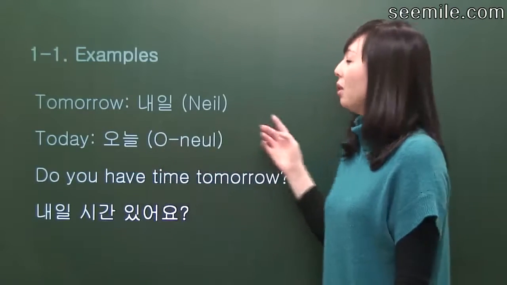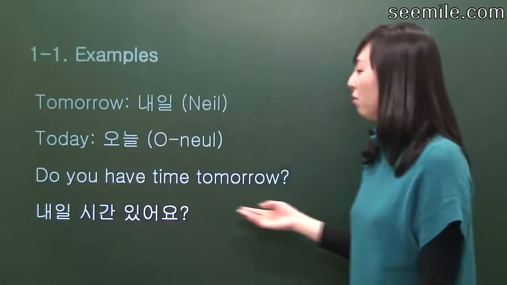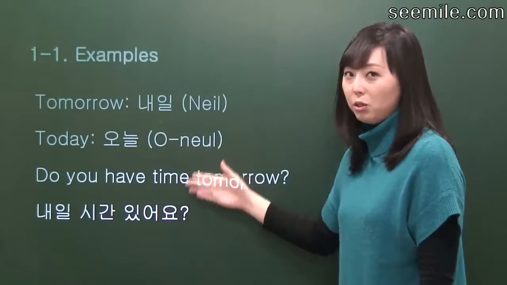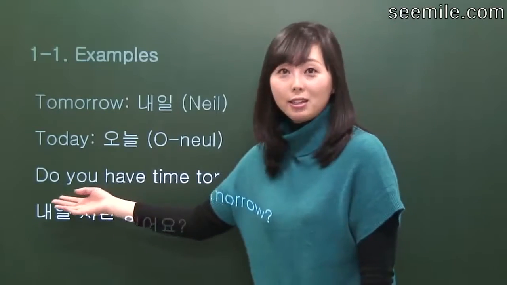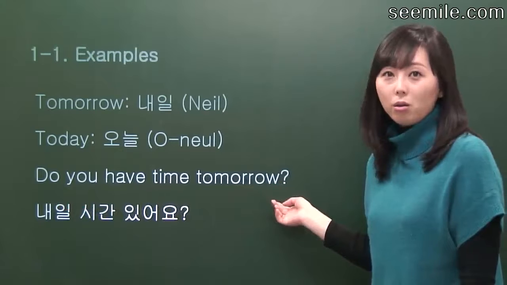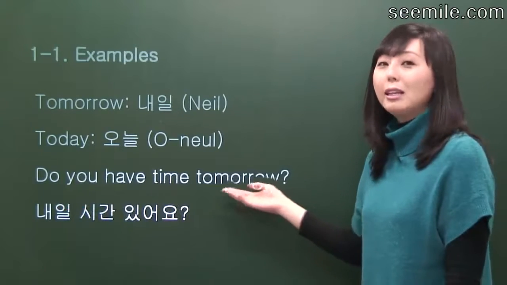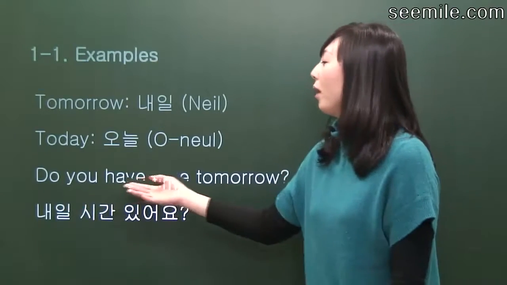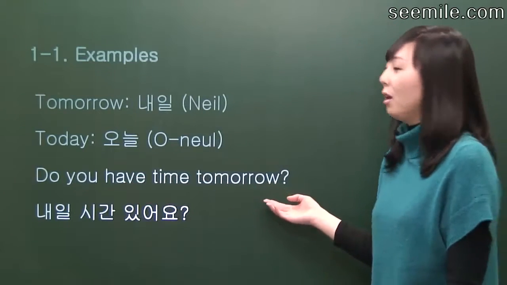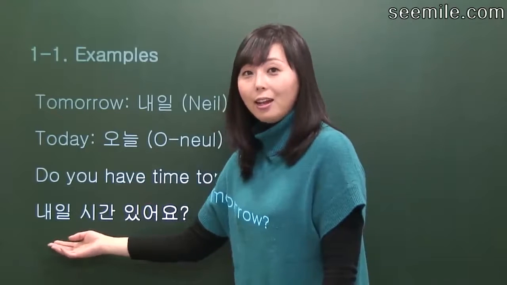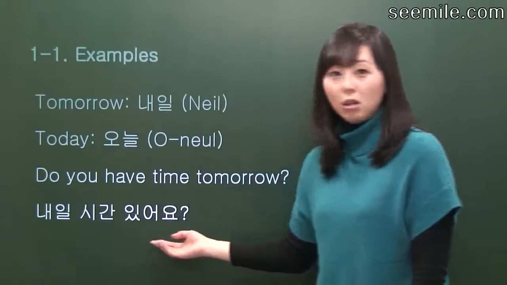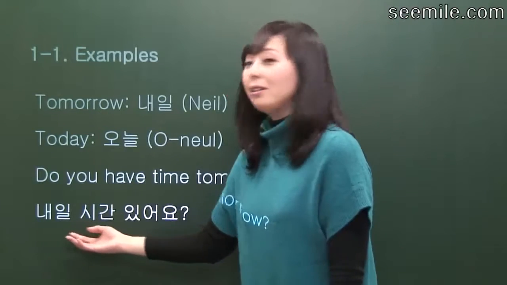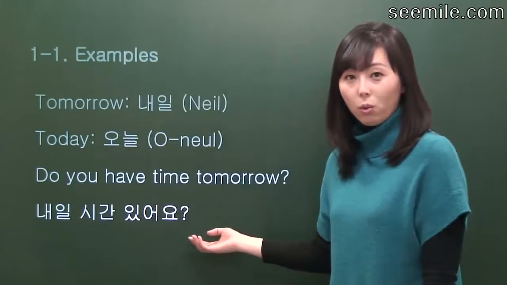So for instance, I prepared this sentence for you. Do you have time? You know this expression, 시간 있어요? Tomorrow, 내일, right? So, do you have time tomorrow? In Korean, 내일 시간 있어요? One more time. 내일 시간 있어요?